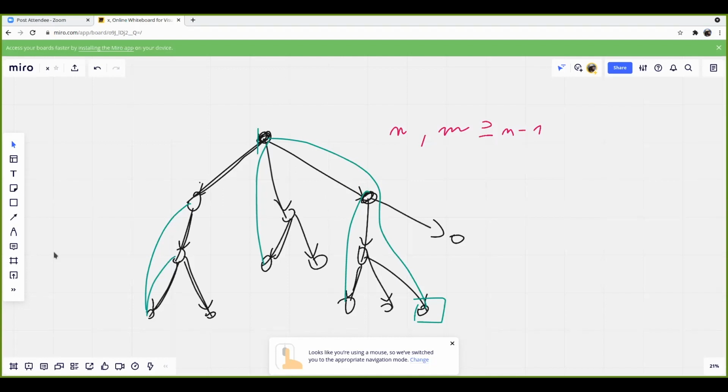We are going to take a new color, let's say blue, and we are going to number the vertices in the order in which they are visited by the DFS. So you would have something like this.